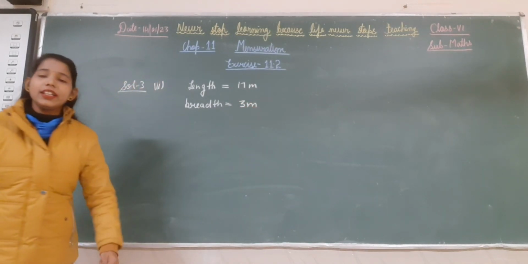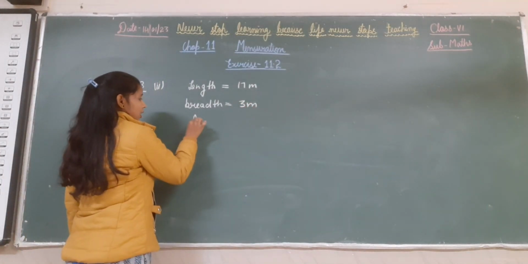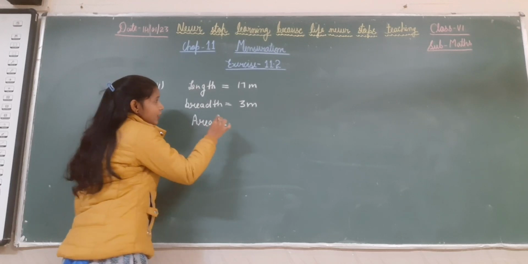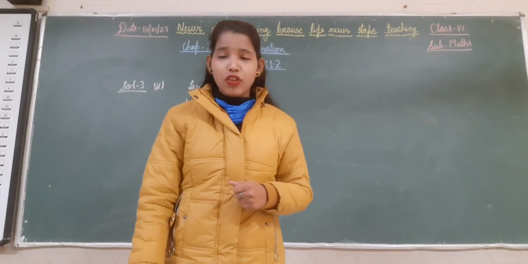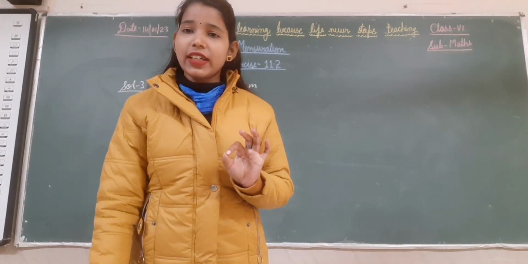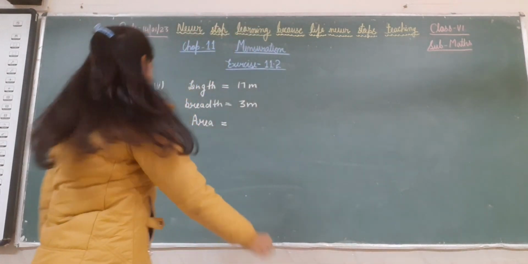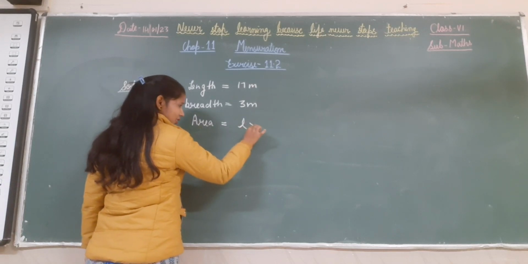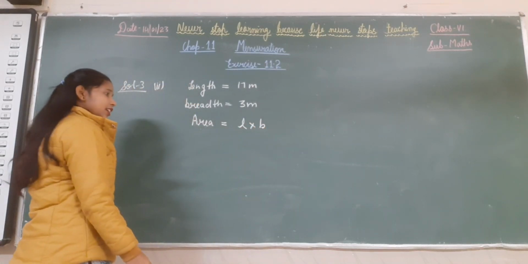So we have to find the area. Area is equal to, it's very easy, right? Area of rectangle is length into breadth. Write down L means length and B means breadth. Length into breadth.